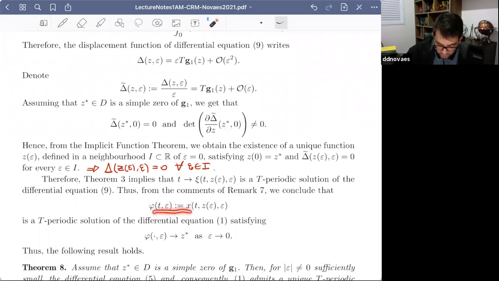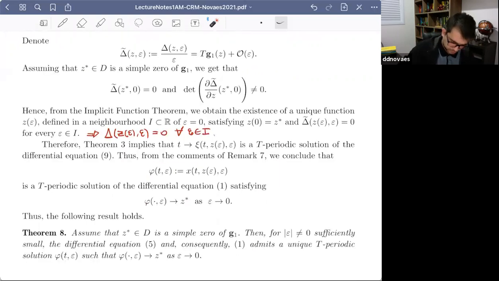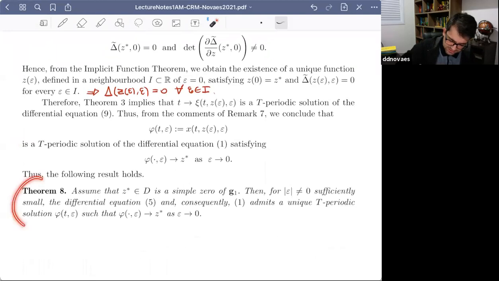And this t-periodic solution also converges to a constant function z star as epsilon goes to 0, because the initial condition goes to z star, and the solutions of the unperturbed system are all constant solutions. Okay, so with these comments, we have proved this theorem, which is the first order averaging theorem.